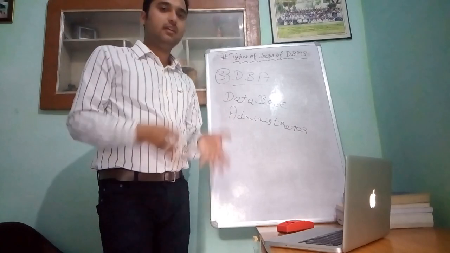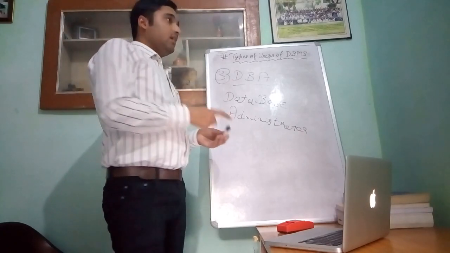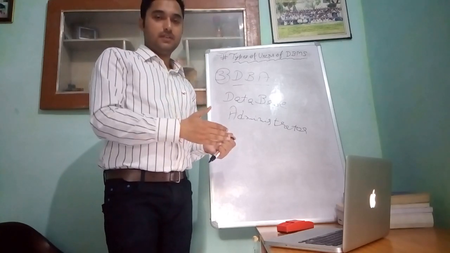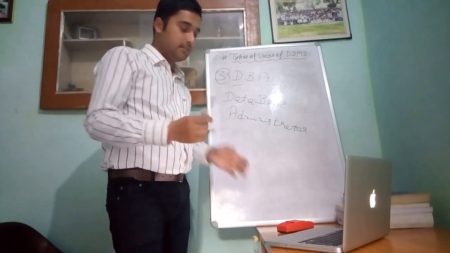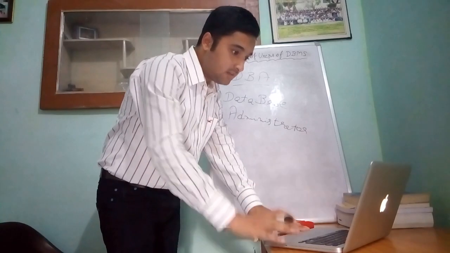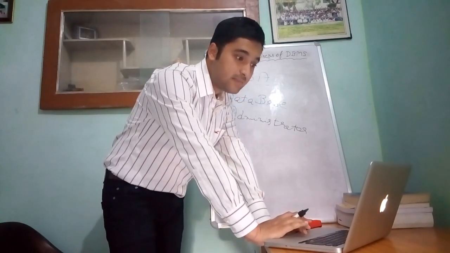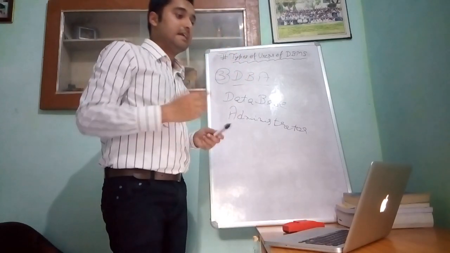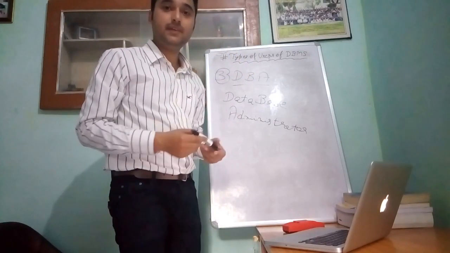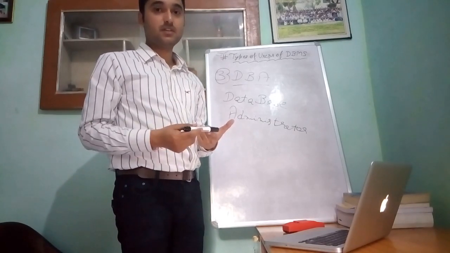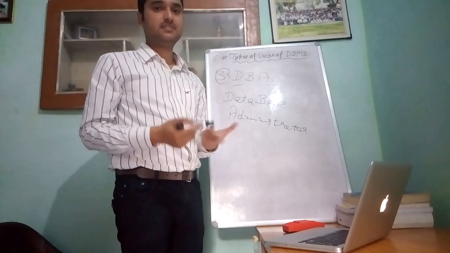It can do anything because it is the main person who developed the structure of the database. The DBA is responsible for defining the database structure, the storage structure, the access methods, etc.